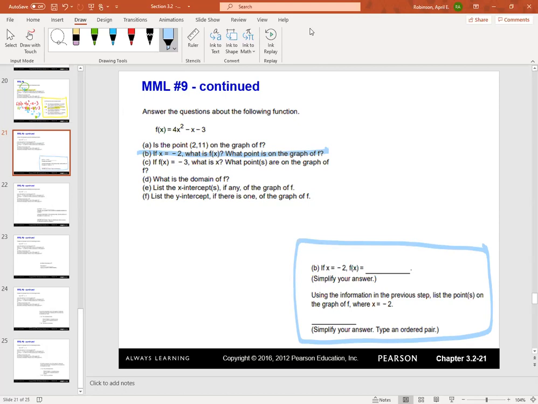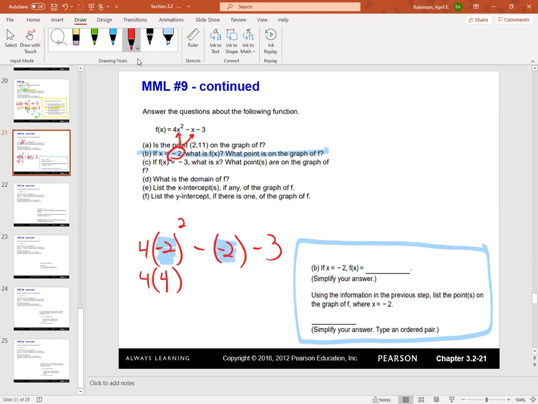If x equals -2, all right, well, I'm going to take the -2 and plug it in here and in here, and see what it equals. -2 squared, -2 times -2 is +4.